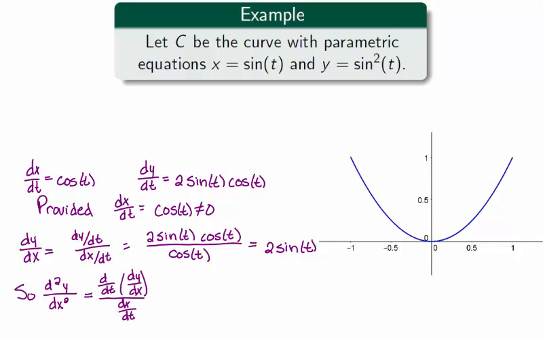So d squared y divided by dx squared equals d/dt of dy/dx divided by dx/dt, which equals d/dt of 2 sine of t divided by cosine of t, which equals 2 cosine of t divided by cosine of t, which equals 2. This computation agrees with the fact that we are dealing with a piece of a graph of a parabola y equal to x squared, as there d squared y divided by dx squared equals 2.